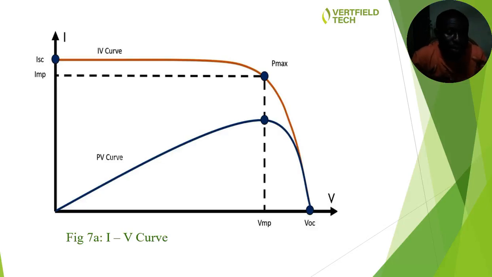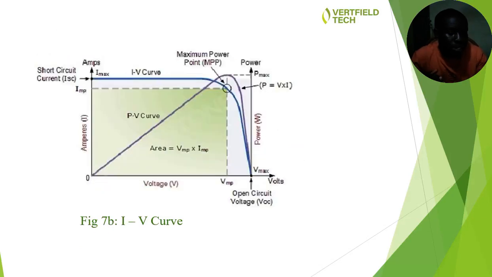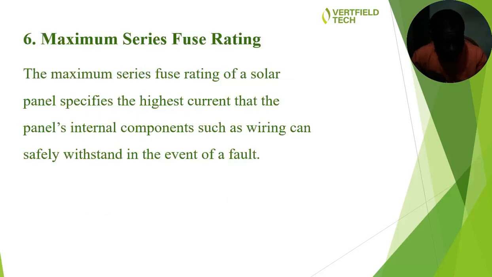You can see the Pmax being the meeting point between your IMP and your VMP. And just as we rightly said, your Pmax is a function of IMP and VMP, just as illustrated by this IV curve. This is another one that gives you a broader knowledge of that same IV curve.